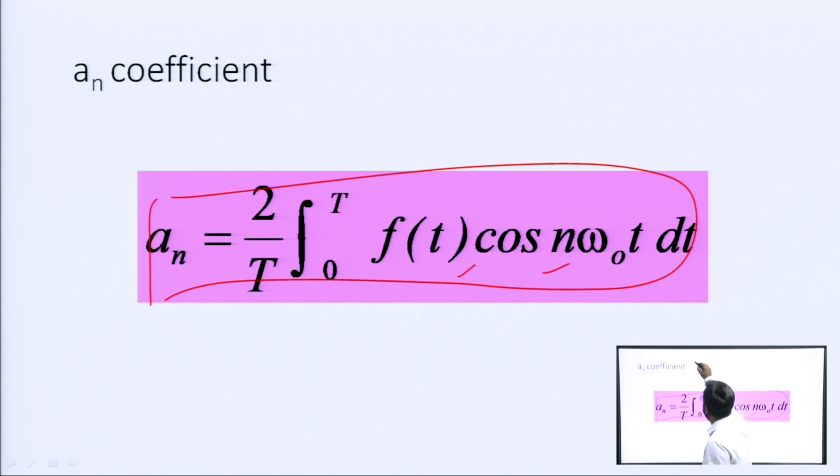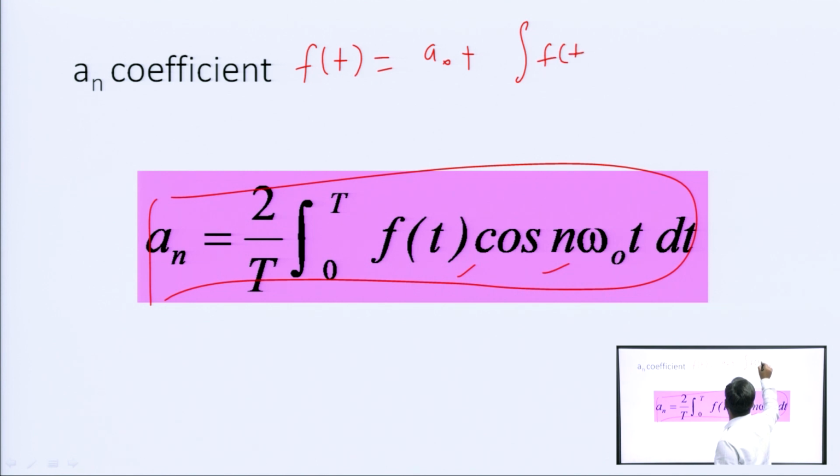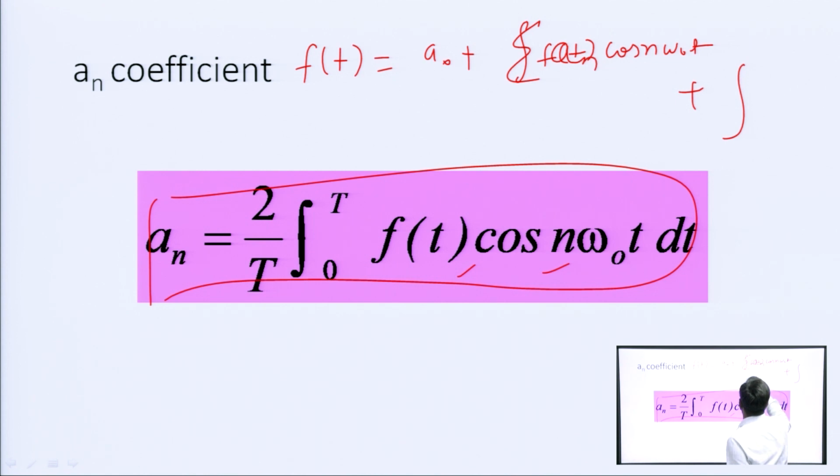In some books, the formula might be represented like this: a naught, f(t) cos(n omega naught t) plus a n.